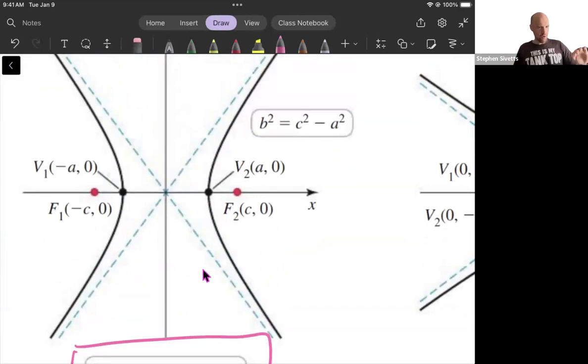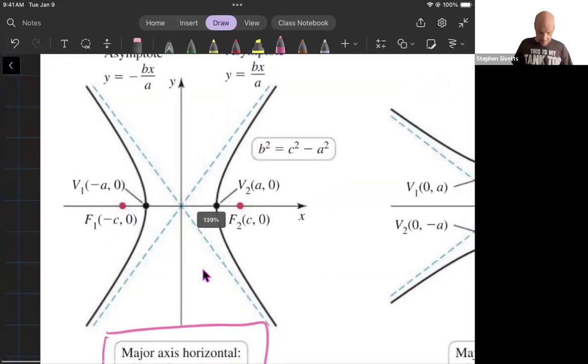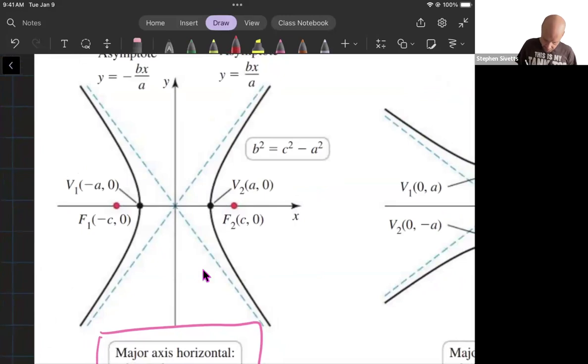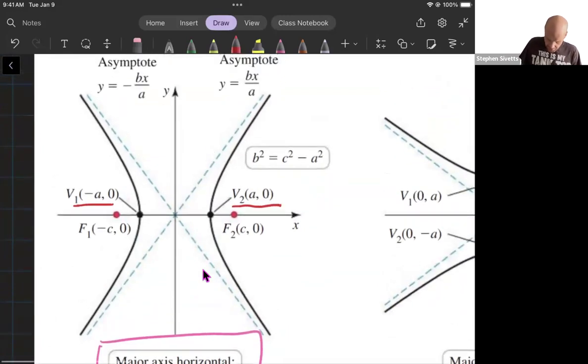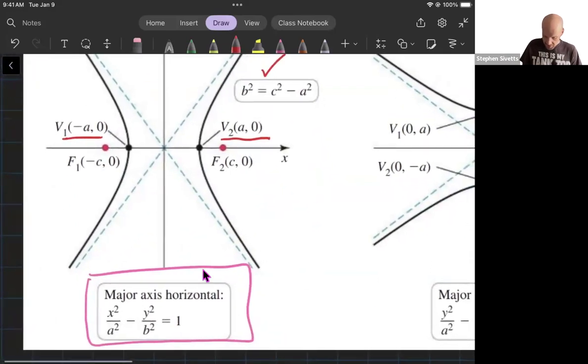You want the hyperbola to be transversing with the x-axis, right? And then the vertices on the hyperbola will be a,0 and then minus a,0, right?